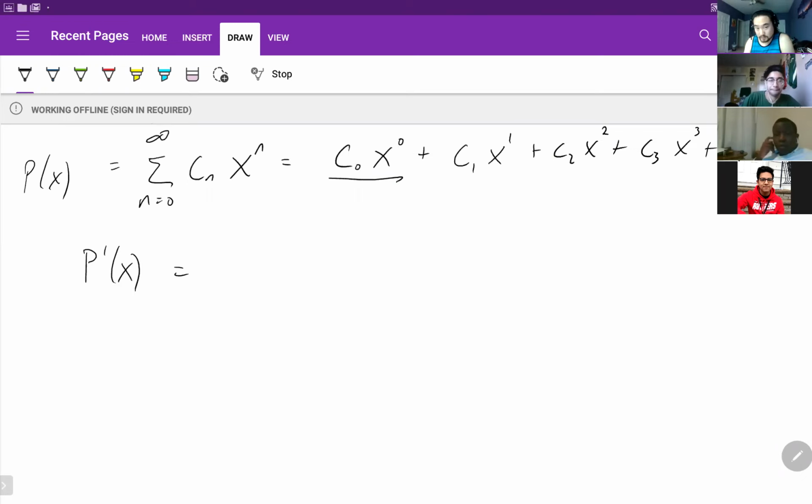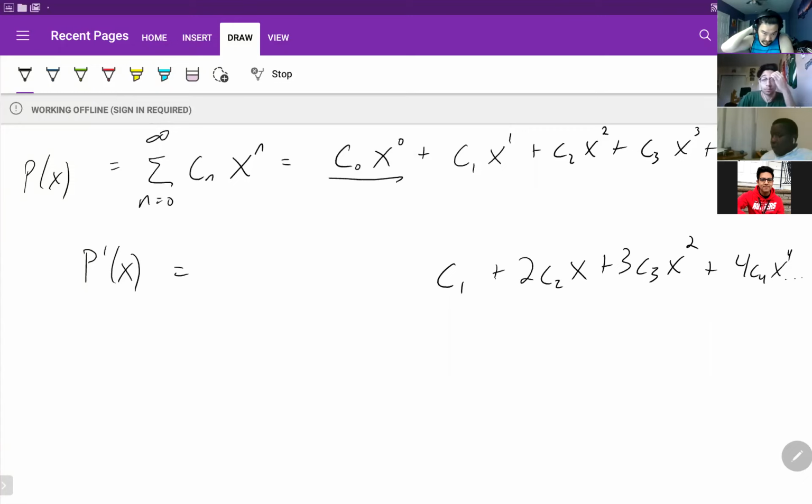The next term is c1, because the derivative of x is 1. Then the next term is 2c2x, then 3c3 x squared, then 4c4 x to the 3rd. We saw that the first term got eliminated. Let me know if I'm going too fast.